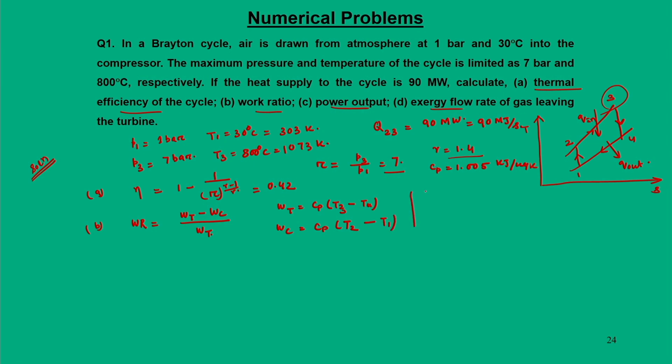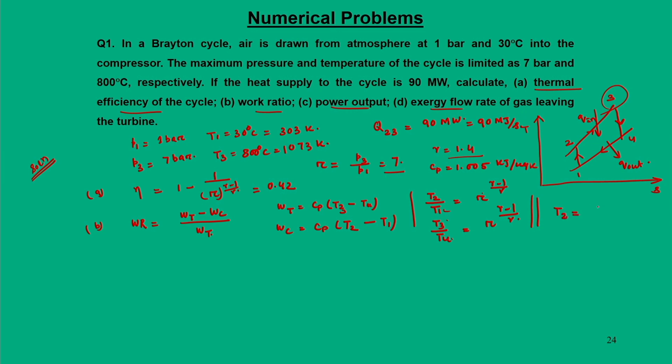Of course, we know the relations: T2 by T1 is equal to r to the power (gamma minus 1) by gamma, and T3 by T4 is equal to r to the power (gamma minus 1) by gamma. From these equations we know r, we know T1, we know T3.